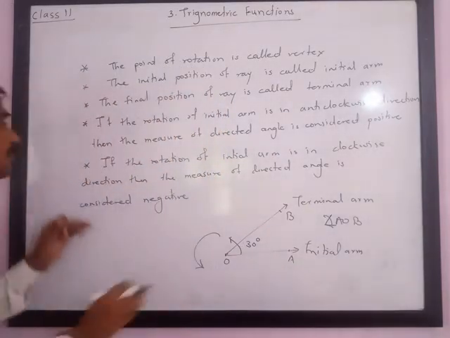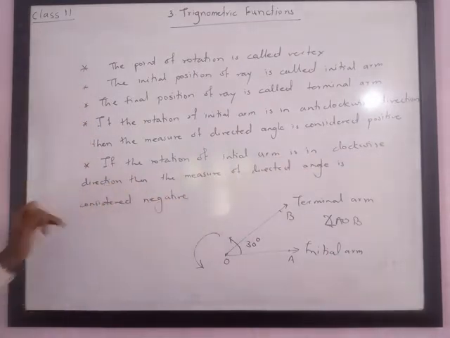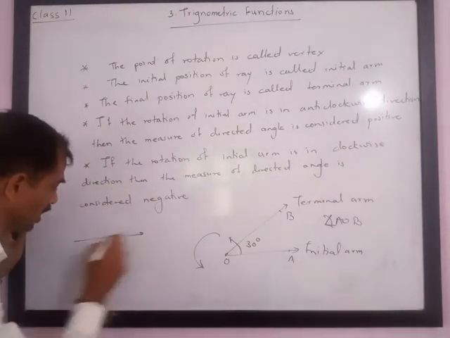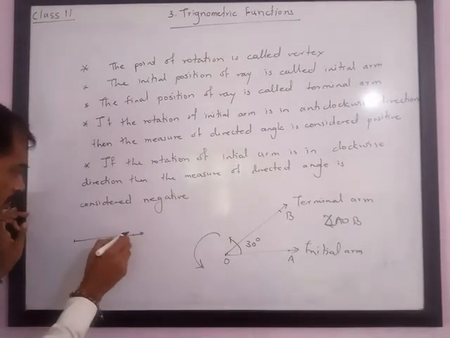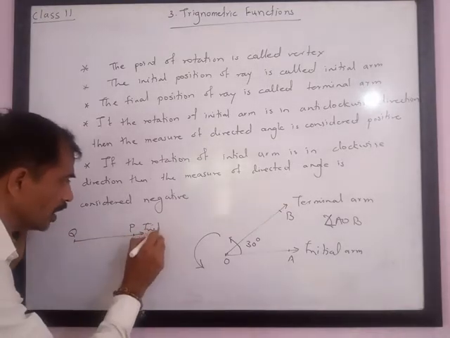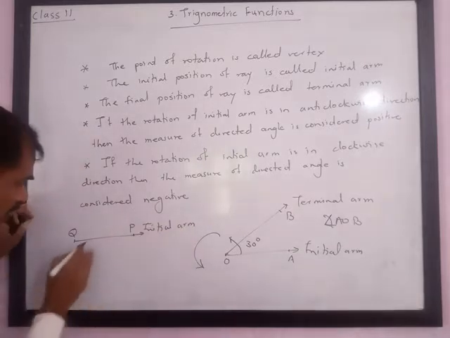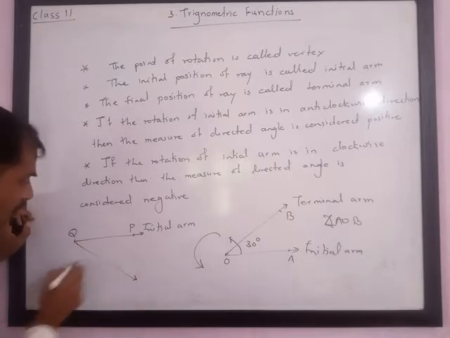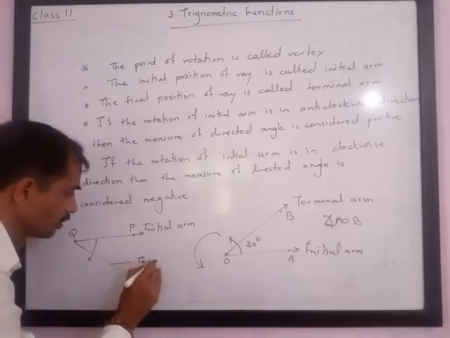Next point: if the rotation of the initial arm is in the clockwise direction. Clockwise direction means, if this is the initial arm, PQR, so this will be PQR, and it is rotated in the clockwise direction, in this direction, then we get this as the terminal arm.